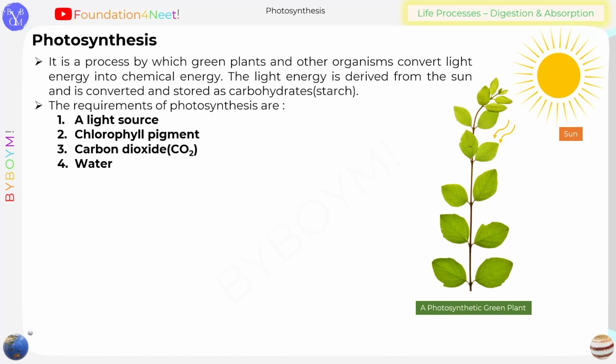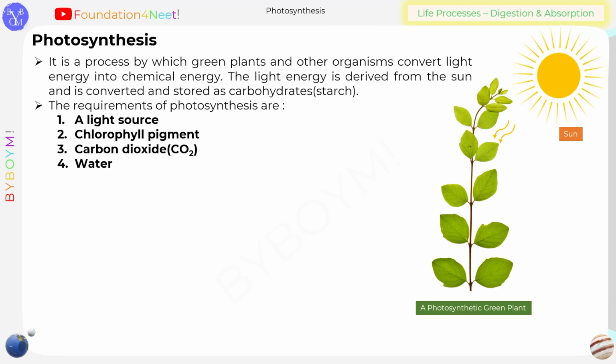The requirements of photosynthesis are: number 1, a light source. For outdoor plants, the source of light is usually the sun, whereas for indoor plants, an artificial source of light is used. Number 3, carbon dioxide, which is a gas present in the atmosphere. We animals release carbon dioxide as a product of respiration.